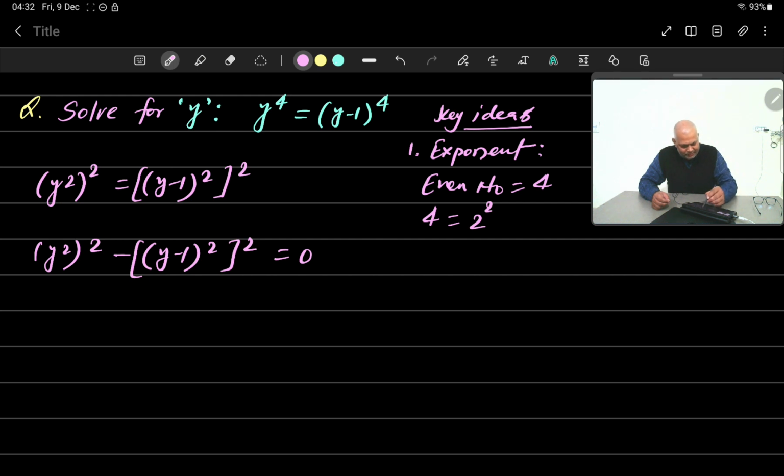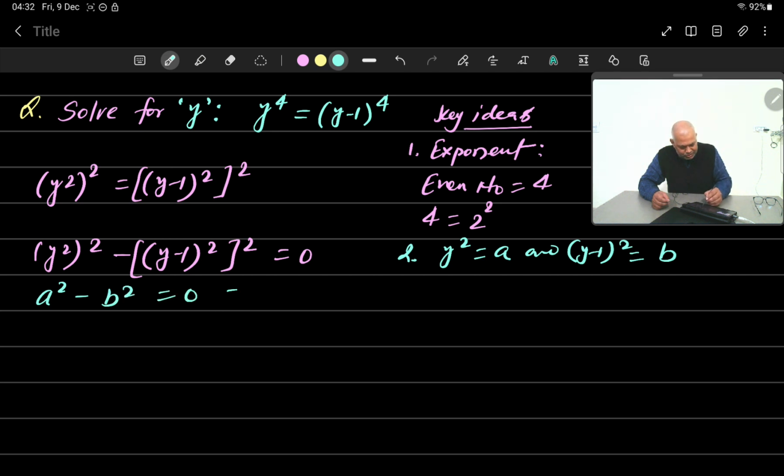Now see the second key idea. If you put y square equals a and (y minus 1) square equals b, your equation will look like a square minus b square equals 0, and this is nothing but (a plus b) times (a minus b) equals 0.